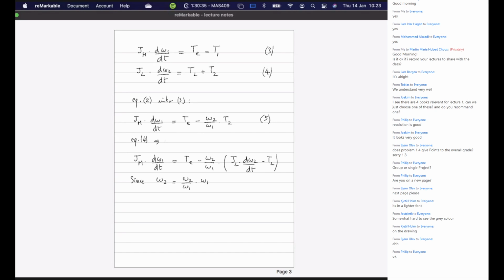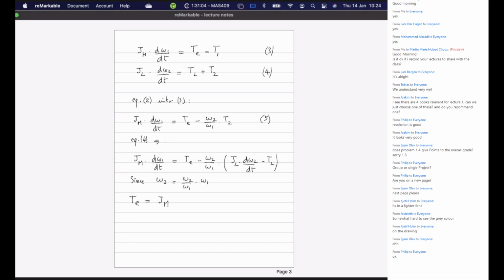Then we can write Te. That's equal to the first term here, J1 or Jm. And if we look at this, d omega 2 divided by dt, that's the same as omega 2 divided by omega 1 times d omega 1 over dt. So we can factorize by d omega 1 divided by dt and put it on the other side.